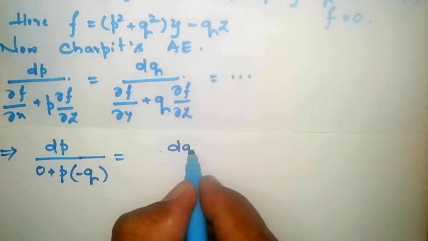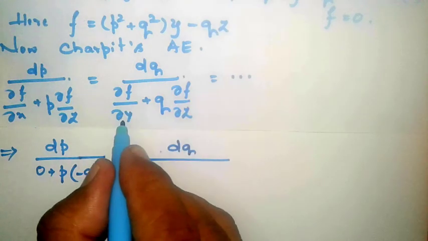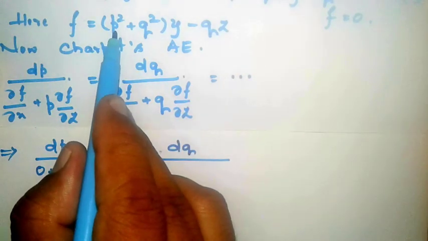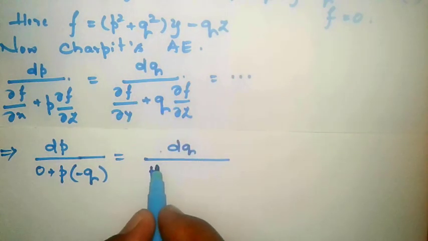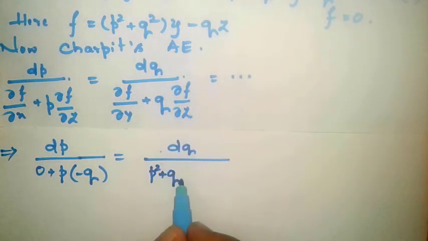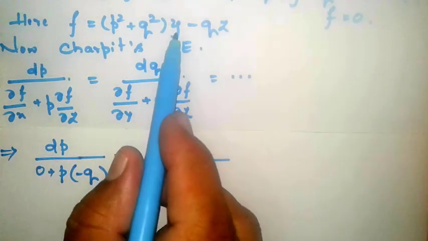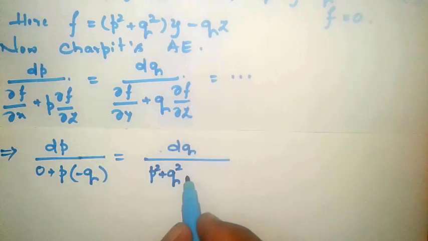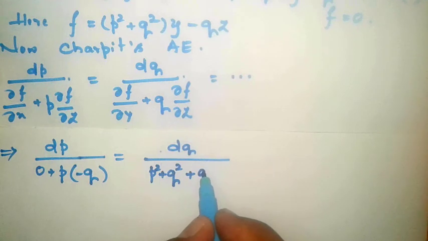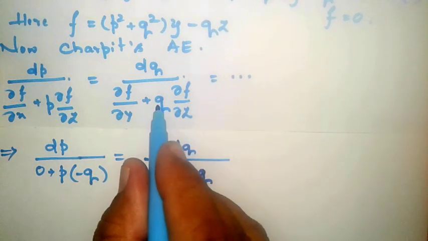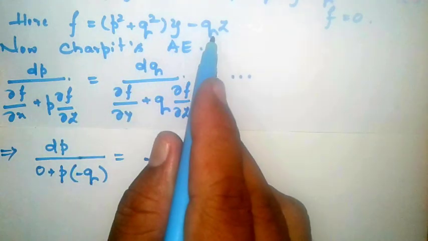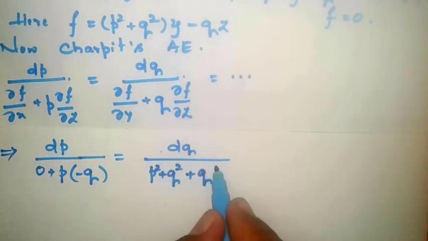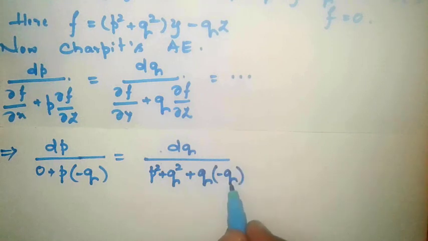dq divided by dou f by dou y is present, that is p square plus q square as it is, the bracket differentiation of y is 1, so it is over, plus q as it is dou f by dou z, that is differentiation of this with respect to z is minus q, so here it is minus q, again minus q square plus q square cancelled.